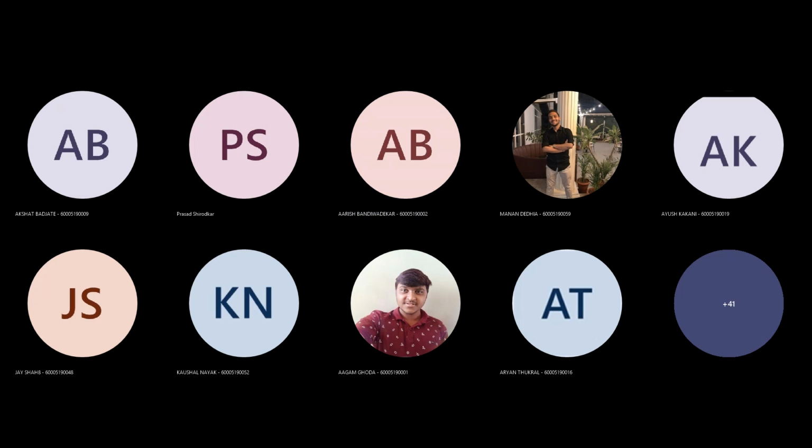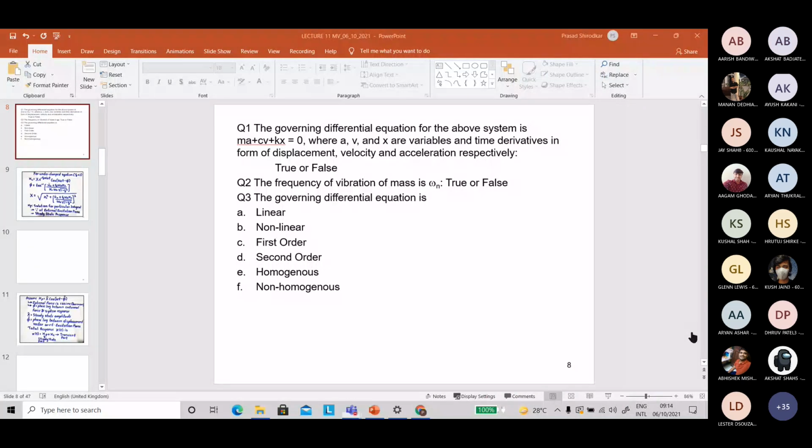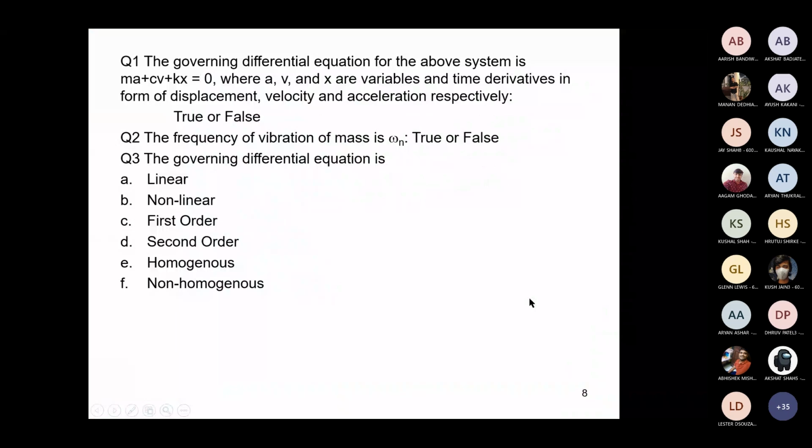If you have any questions about anything which has just been explained, please ask me. All these things should be clear: what is a linear, non-linear equation, homogeneous, non-homogeneous equation.